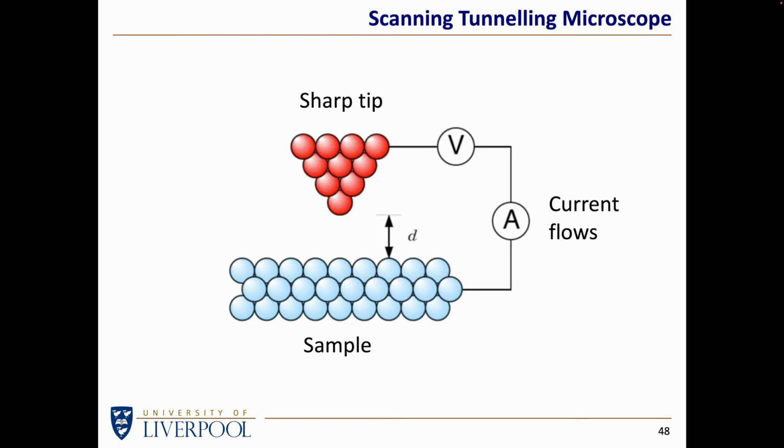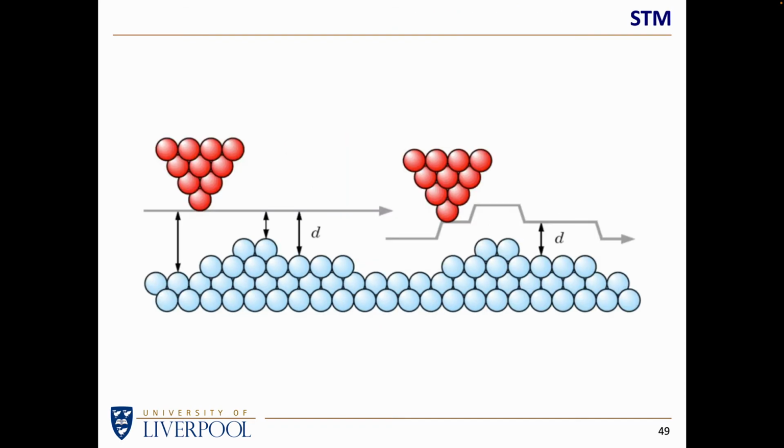So we can build ourselves a microscope by making a sharp tip, bringing it close to a surface and measuring how much current flows. And we can either move the tip horizontally across the surface, in which case the distance d that you see here on the left hand side, you see these distances change if we move strictly horizontally and our surface is slightly rough, then we'll get different distances and hence we'll get different currents flowing.